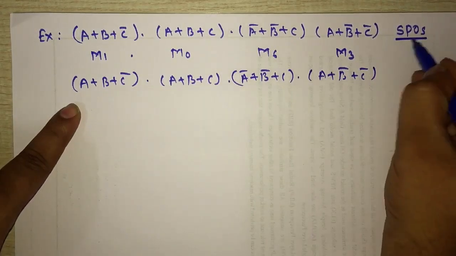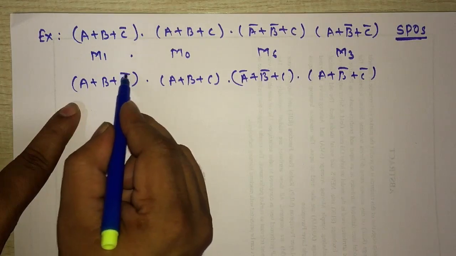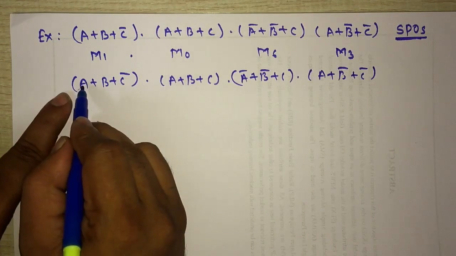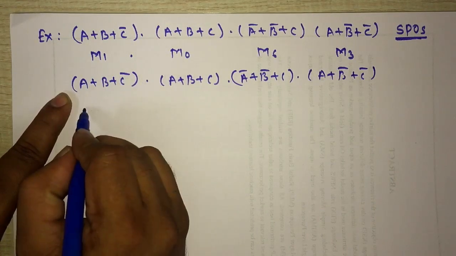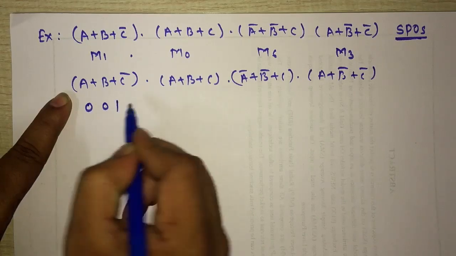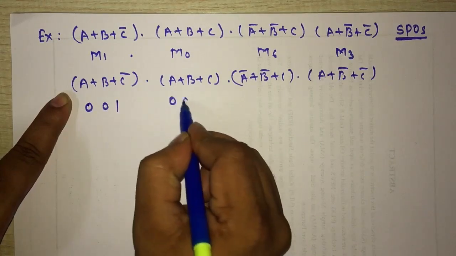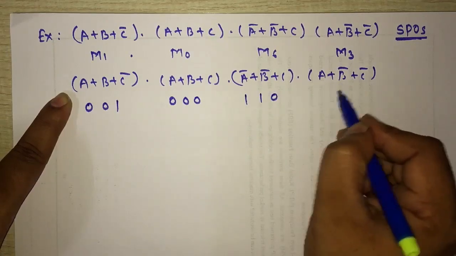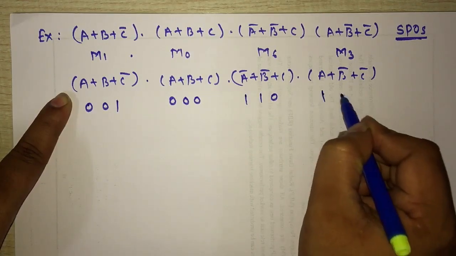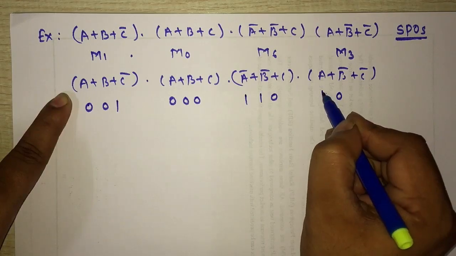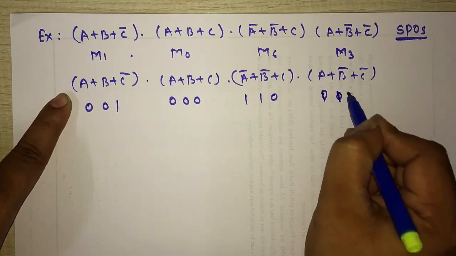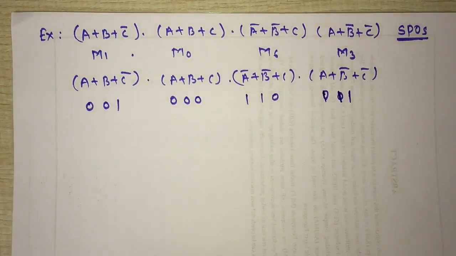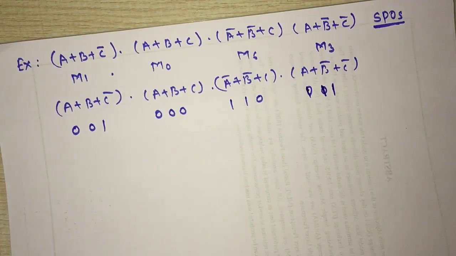For a POS equation we know that a bar indicates 1, and no bar means 0. So this value is 0 0 1, this value is 0 0 0, this value is 1 1 0, and this value is 0 1 1. So these are the binary equivalent values.